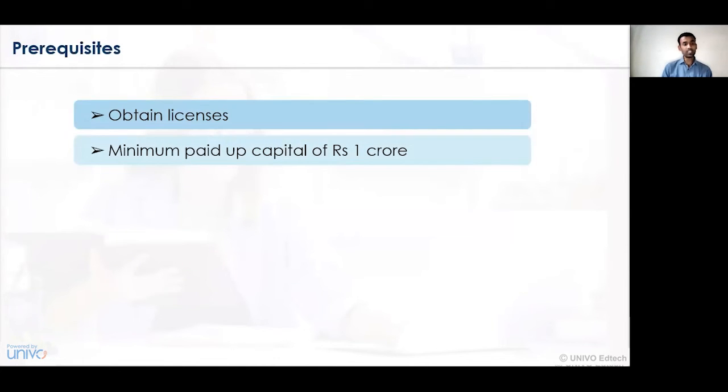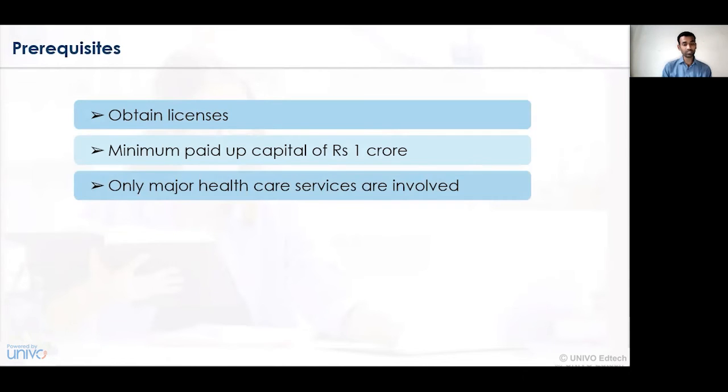For this, the minimum paid up capital should be rupees 1 crore. So this is a certain prerequisite. If you have a minimum paid up capital of rupees 1 crore, you can go to IRDAI, the Companies Act or the insurance company and get your license and registration as a third party administrator.